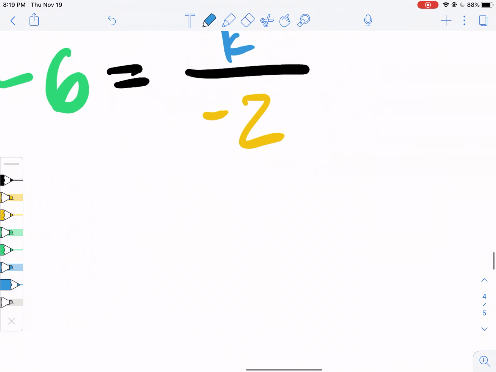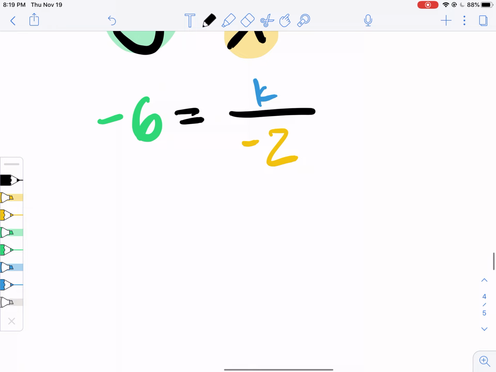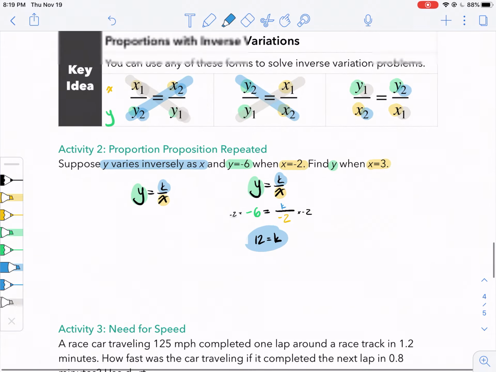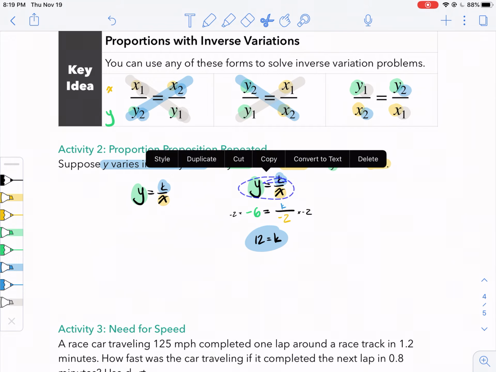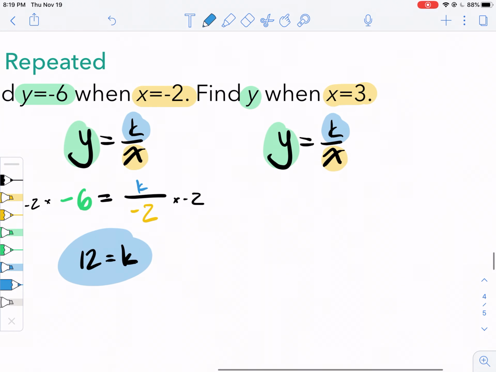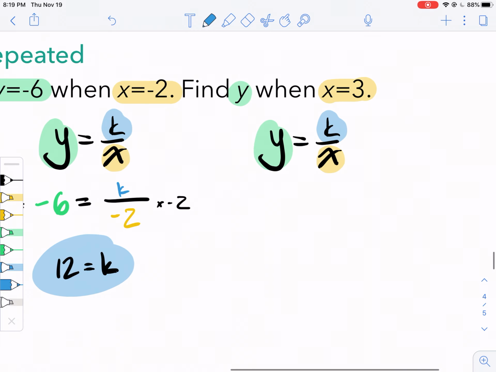Good? Good. So we'll multiply both sides by -2, and that'll give us that 12 equals k. Now that we know what k is, we plug that back into our y equals k over x, but this time we find y. So we take 12 and plug that in for k.